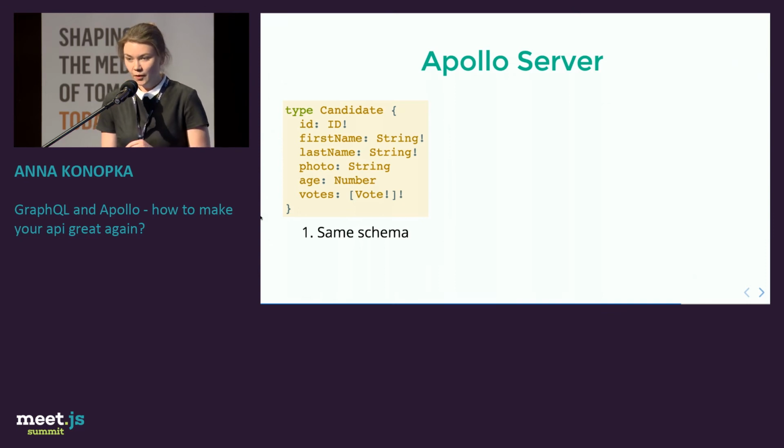Okay, so we know how to deal with GraphQL on the front-end side. It looks pretty neat and elegant, I think. But what about the server? Do we need something there? So we definitely need a GraphQL server. And it can be written in JavaScript.